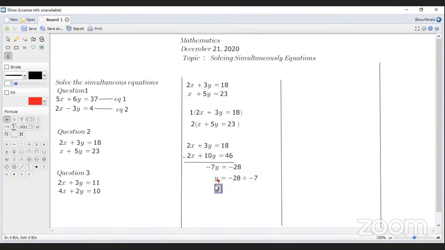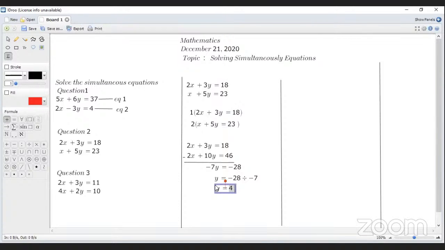Excuse me, sir. Before you go on, negative 28 divided by negative 7, sir. I actually did not subtract the first equation from the second equation.